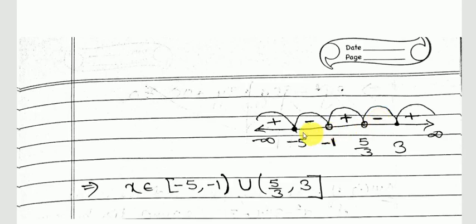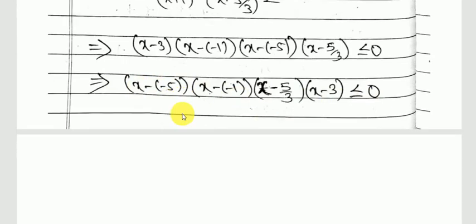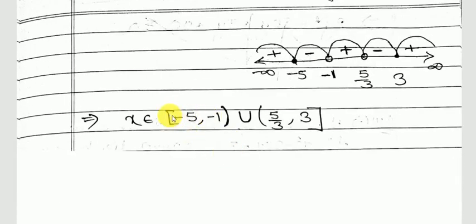So see over here, for minus 5 it is 0. If I put minus 5 over here, then the whole thing will become 0. So I have to take minus 5. That's why I'm making this rectangular bracket. So minus 5 is included.